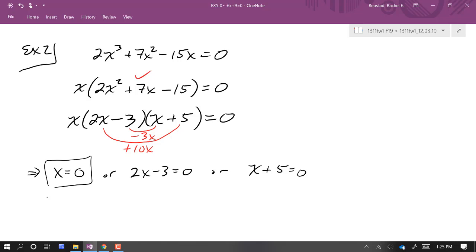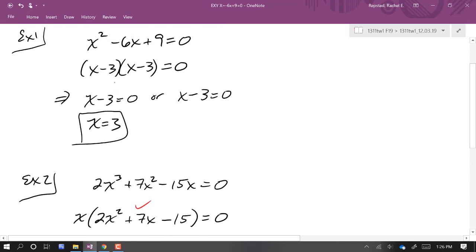However, if you allow yourself to consider complex solutions, like imaginary numbers, then yeah, there are always the same number of solutions as the degree of that polynomial, like the highest power, as long as you count them, we say, with multiplicity. For example, up here we would say x equals 3 appears twice, so if I count that twice, then there's 2 solutions, even though there's one distinct solution.